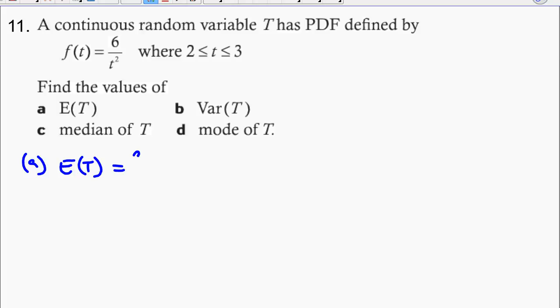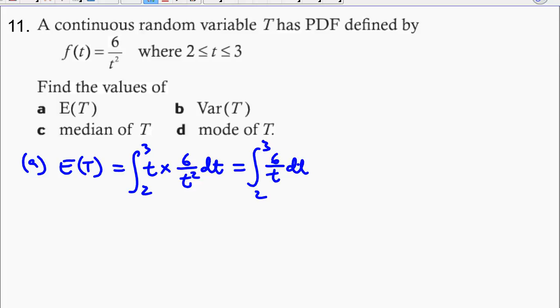That will be the integral from 2 to 3 of t multiplied by 6 over t squared dt, which will be equal to the integral from 2 to 3 of 6 over t dt, which will be 6 ln t, and the limits are 2 to 3.